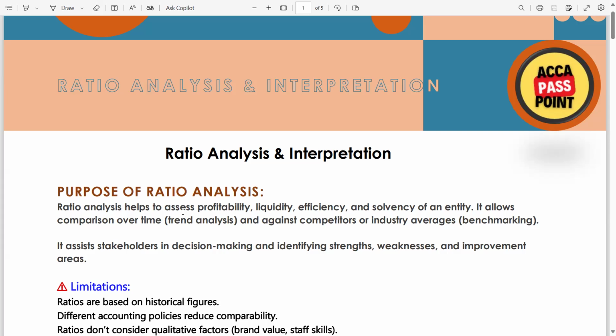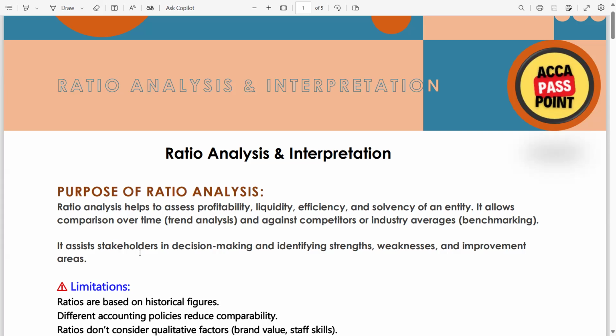It allows comparison over time, trend analysis, and comparison against competitors or industry average benchmarks. In simple words, this is about analytical reasoning or analytical procedures. It assists stakeholders. Stakeholders means others than shareholders, the general public, those users who have a direct or indirect interest in the company, such as customers, suppliers, or other persons.